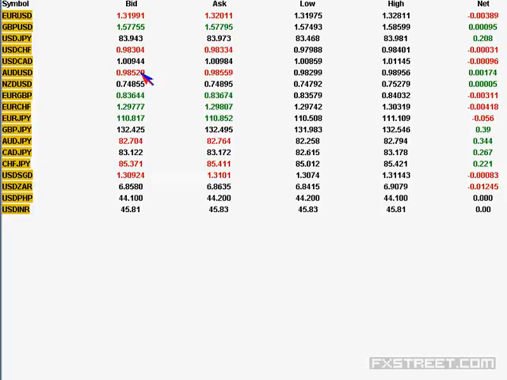Now with regard to the Canadian dollar, it is holding around the same level, not much of a change. With regard to Australian dollar, 98.57 was the initial high, and they have come slightly below that, about 2 pips.